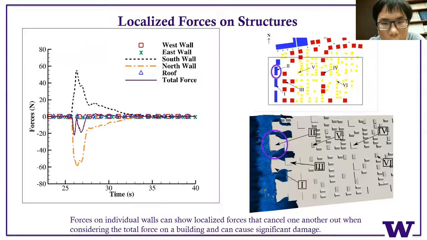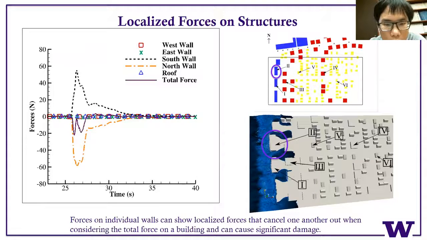The black dashed line corresponds to tsunami forces on the south wall of this building, which points up, and the orange line is the peak force on the north wall of this building, which is pointing down. And you can see the two forces actually cancel each other out.